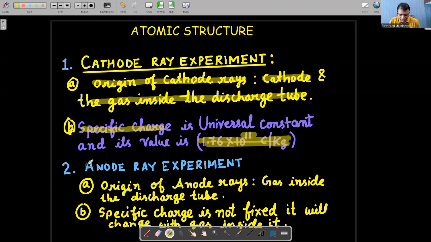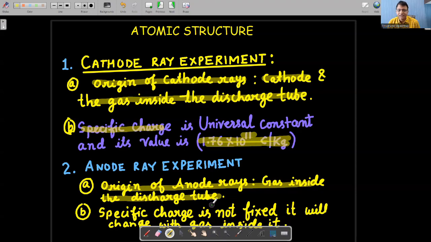The second point is about anode ray experiment, and in anode ray experiment the same points are there. What is the origin? So here it is different, because in case of anode rays, the origin is the gas inside the discharge tube. If you change the gas, the anode particle or anode ray is going to change. So origin of anode rays is gas inside the discharge tube, and when we take hydrogen gas, the specific charge of anode rays will be maximum.